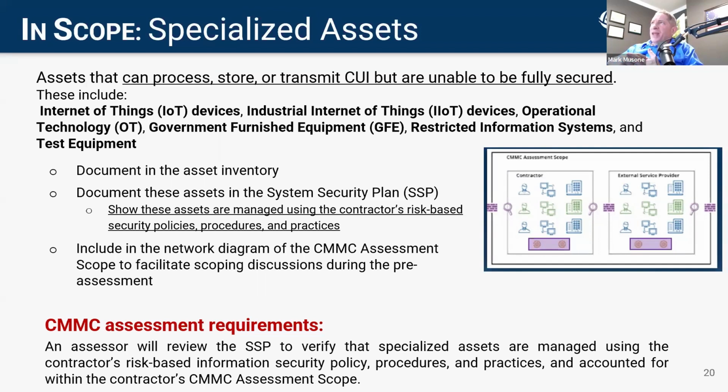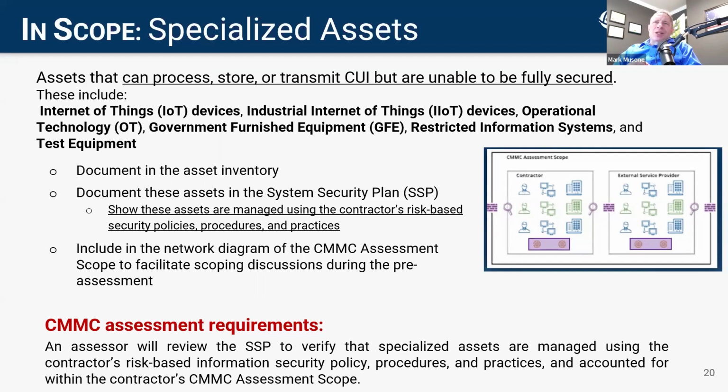Government furnished equipment. If the government is providing you equipment, well, that's government equipment. You're not responsible for that. Restricted information systems, those are things, again, that the government tells you how something needs to be configured. So you really don't have any say in the configuration. And lastly, test equipment.